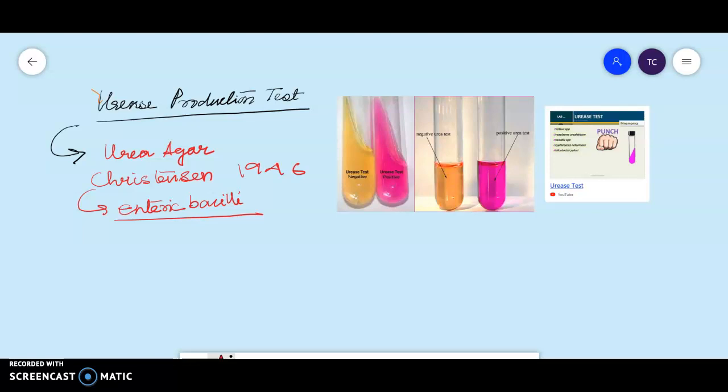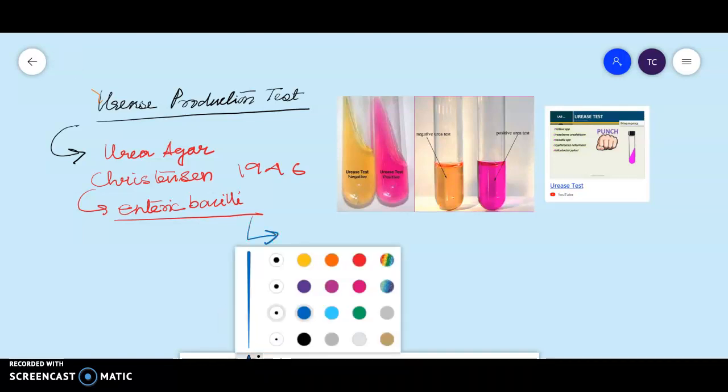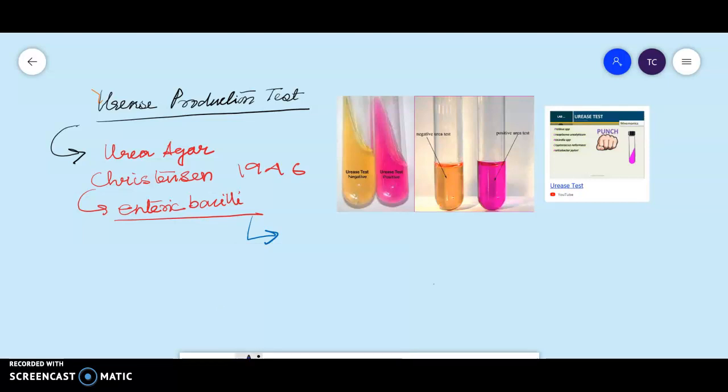The urease test is used to determine the ability of an organism to split urea, and this particular splitting of urea is basically done by the urease enzyme.